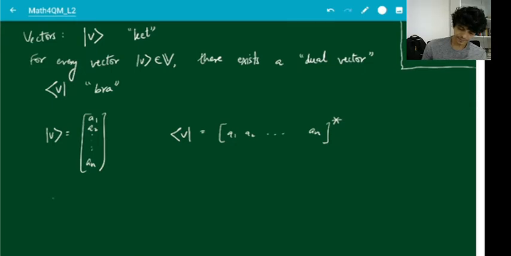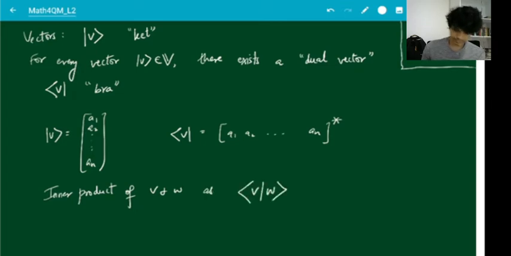And then we define what is called the inner product of any two vectors V and W as follows. Let's write it properly.